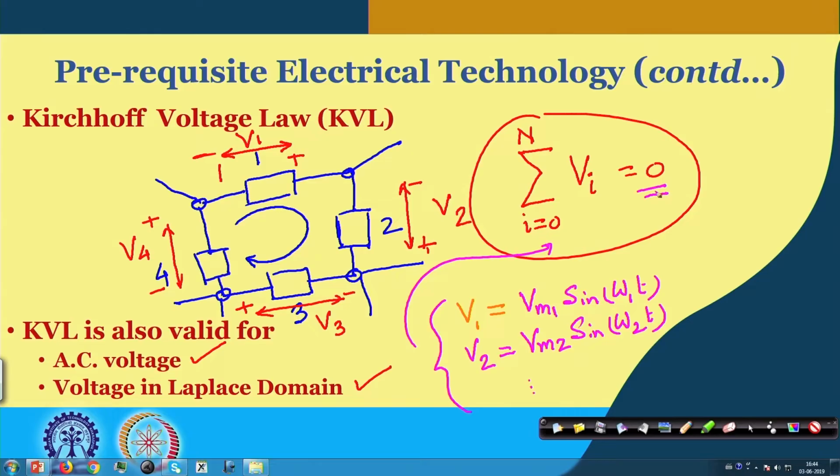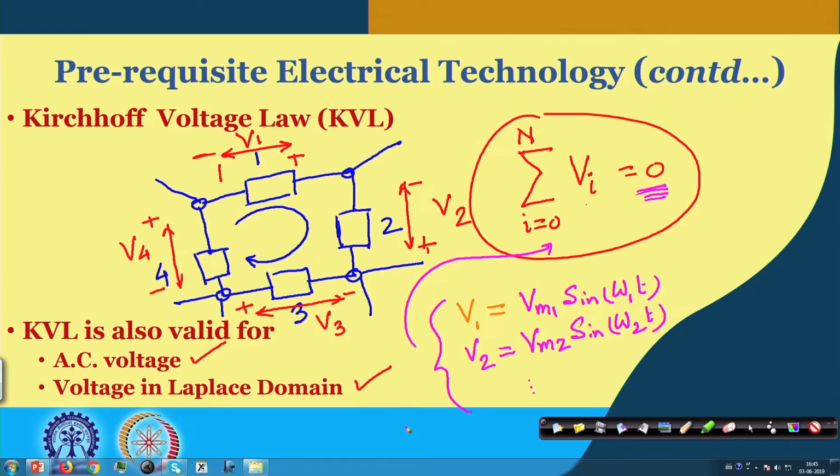So, whenever we are dealing with a circuit which has signals flowing through each of these elements, and if the signals are represented in the form of potential drop, the signal voltage, then we can add all of these signals together to get equal to 0.